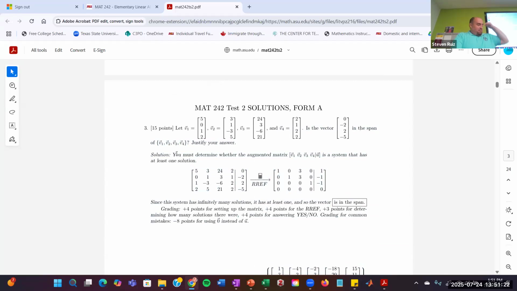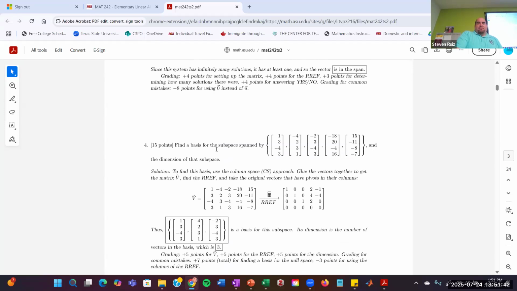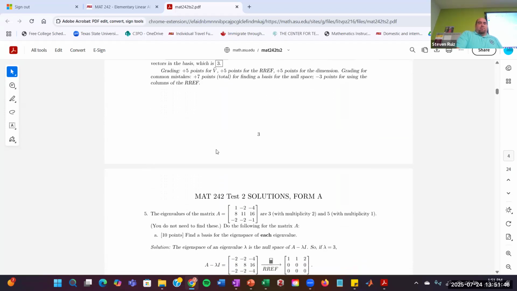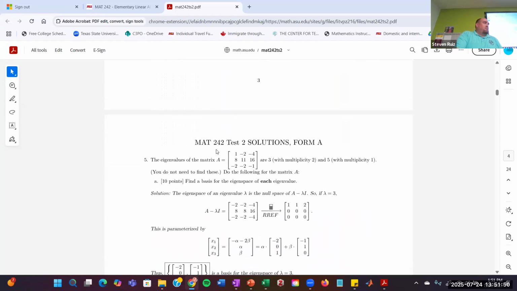A lot of things in math have a way of seeming much easier when you're in a room with your instructor and a bunch of other people learning it. Make sure that this makes sense on your own as well. Find a basis for this subspace and find the dimension of that. So I'm kind of just reading through this. If anybody wants to stop and go through one in detail, we can.